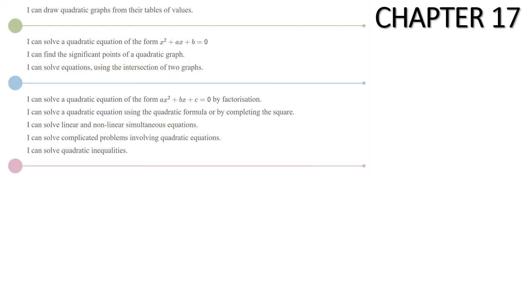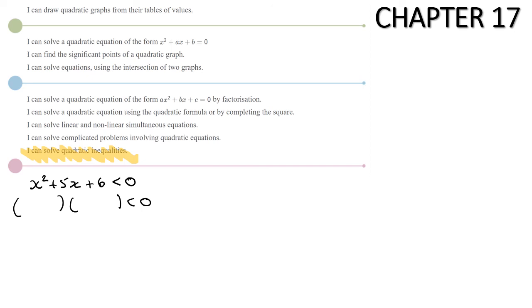Now the last thing we need to do, right at the top end, is solving quadratic inequalities. So these are things like, let's say you've got x squared plus 5x plus 6 is less than 0, so it's not equal to. Now we start off by solving this in exactly the same way as you would if it was equal.